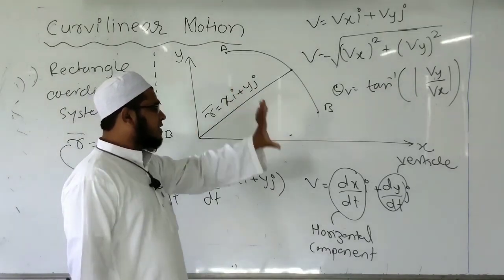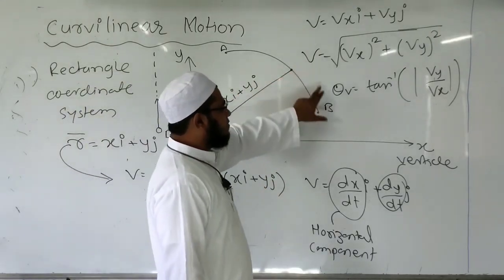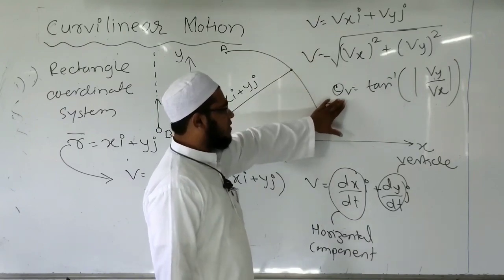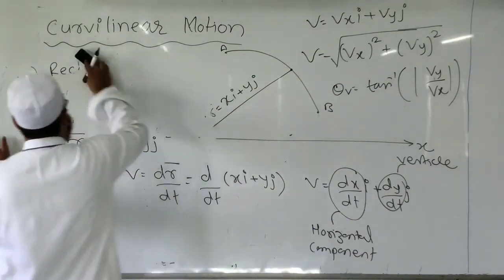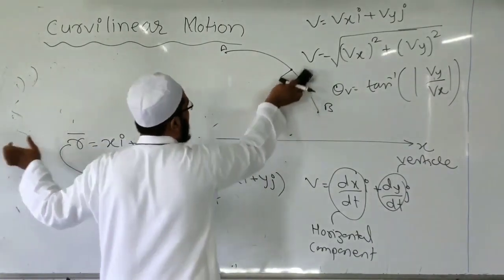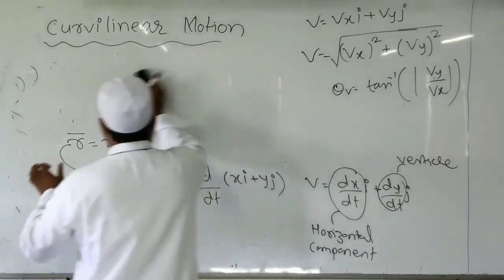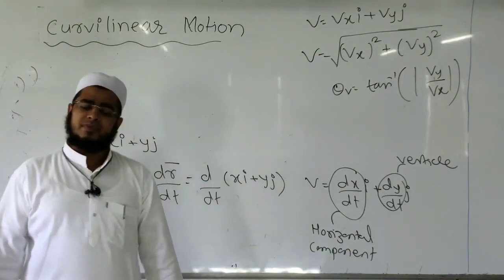So with the help of this, we can find the direction of the velocity as well as magnitude. Direction we get from theta v equal to tan inverse mod of vy divided by vx, and magnitude from v equal to root of vx square plus vy square.